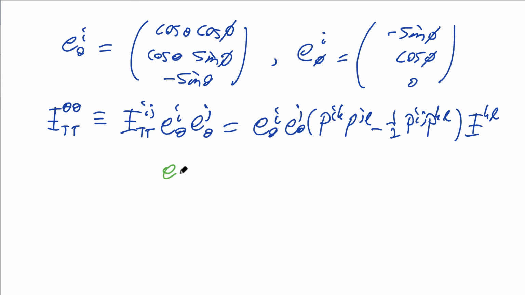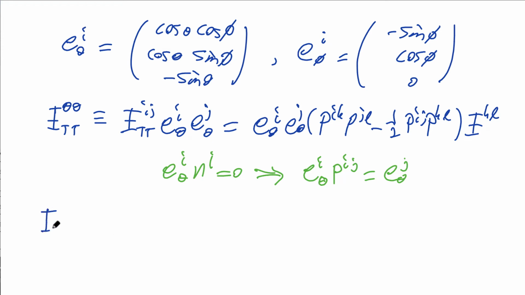Remember, e theta is orthogonal to n, so that tells us that e theta i P_ij is just e theta j. In other words, when P acts on a vector in the transverse direction, it's just the identity operator.